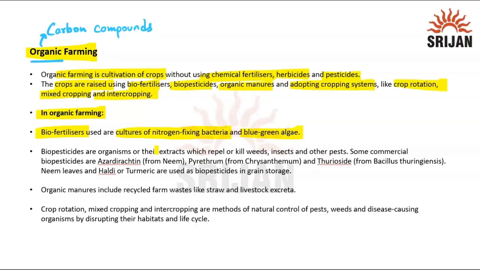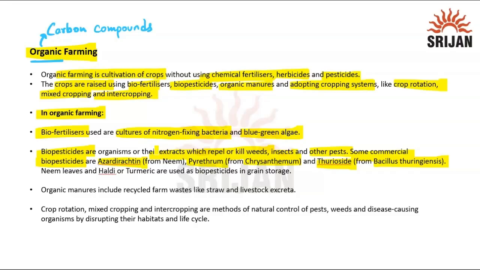Biopesticides are organisms or their extracts which repel or kill weeds, which are unnecessary plants grown in crops, insects which are pests, and other pests as well. Some commercial biopesticides we use are azadirachtin, extracted from neem, pyrethrum, extracted from chrysanthemum, and thurioside, made from Bacillus thuringiensis, where you add a certain gene into this bacteria and get a lot of product out of it.